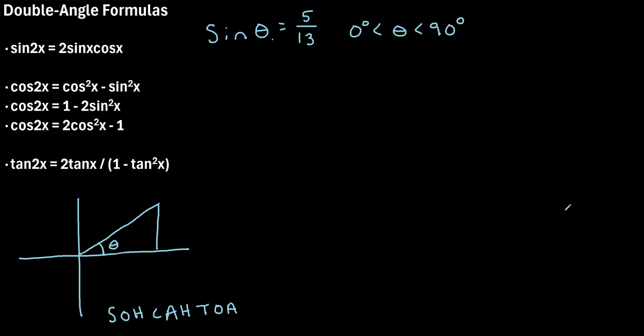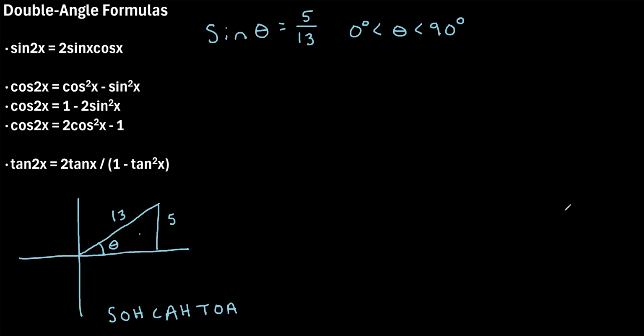So we're told that the sine of theta, the sine of this angle, is 5/13. Sine is calculated as opposite over hypotenuse. So that means the side opposite of this angle must be 5, and the hypotenuse of this particular triangle must be 13. So before we go any further, it helps if we can first solve what's the length of this side right here, just so that we know every side of the triangle.